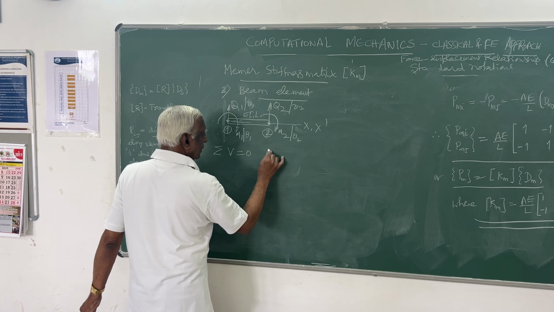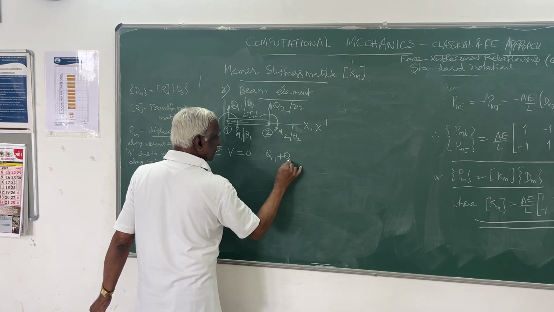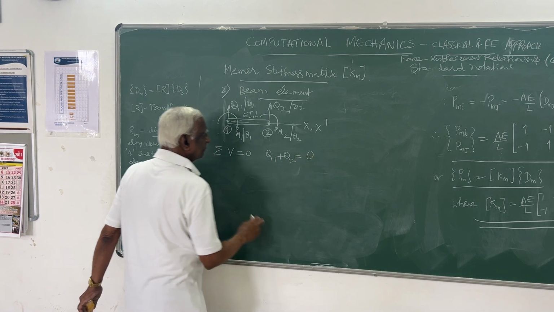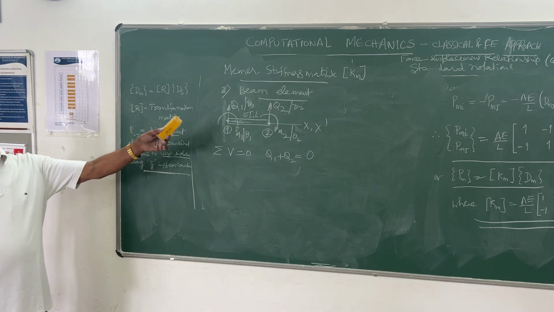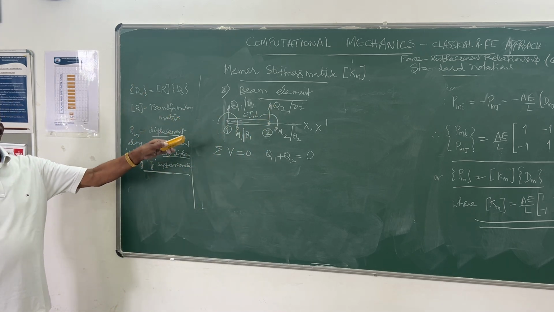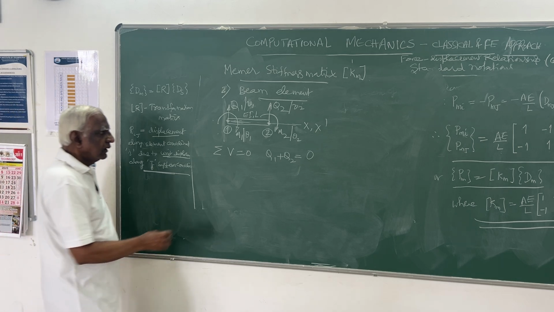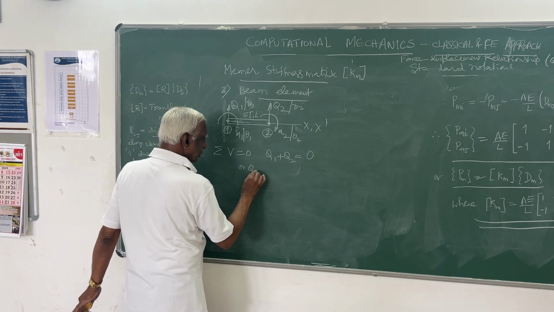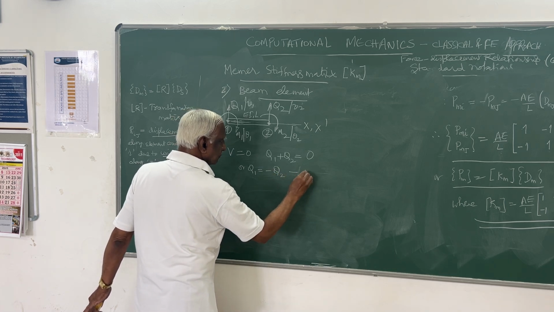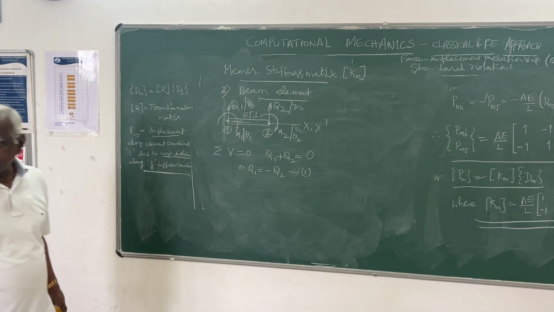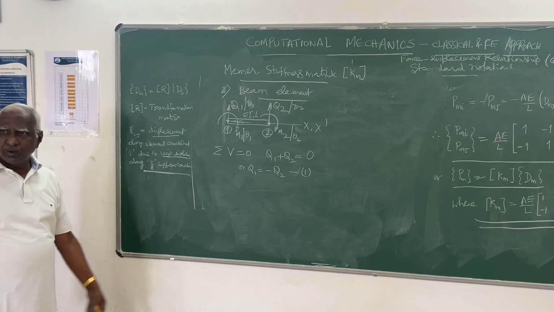You will get Q1 plus Q2 equals 0, because Q1, Q2 are the only vertical forces, M1, M2 are the moments. Or you can say Q1 equals minus Q2, as you did in case of truss, P1 is equal to minus P2.